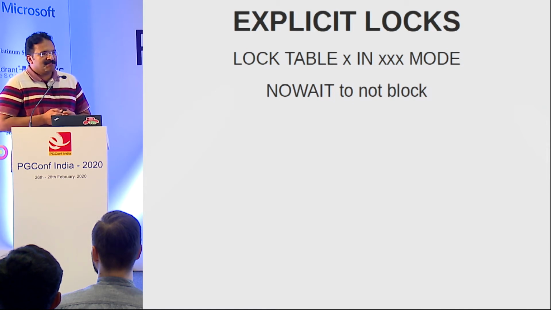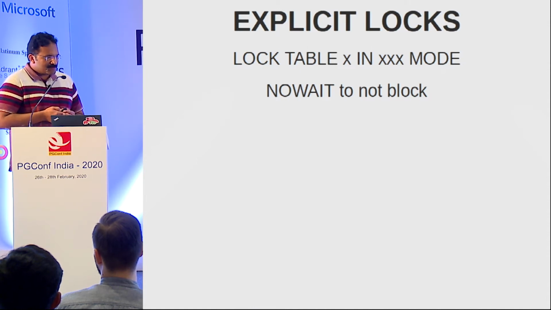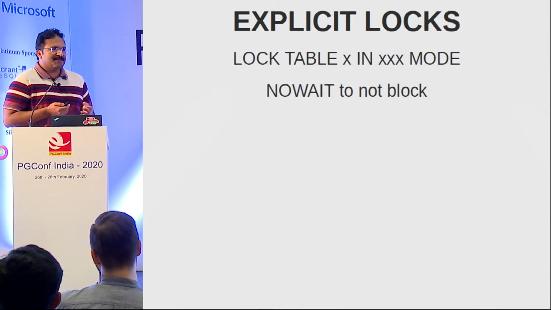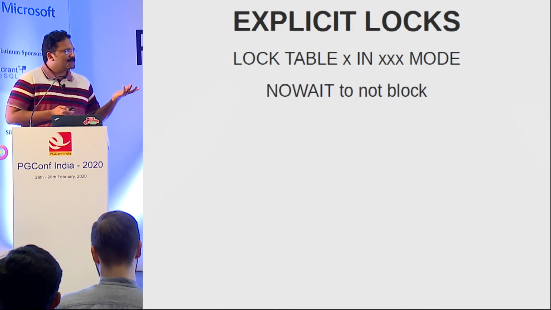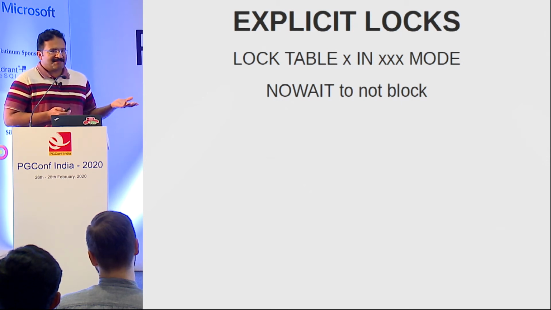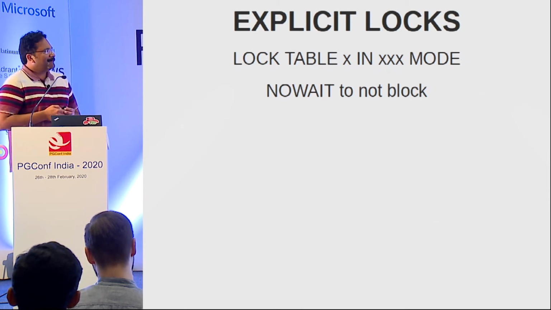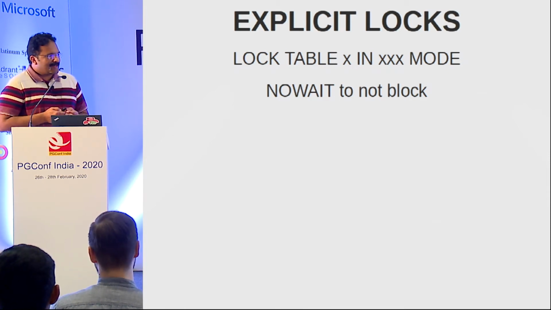There is a LOCK TABLE command by which you can explicitly ask for these same kind of locks. If you do so, then of course the locks you're holding may conflict with other Postgres processes. If somebody is already holding a lock on a table and you try to lock the table, your backend will just wait for the lock to be released so that it can acquire it. So you can add NOWAIT to not block and so on.